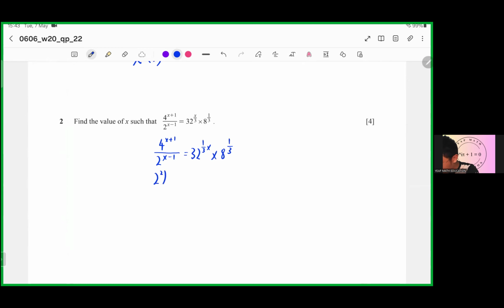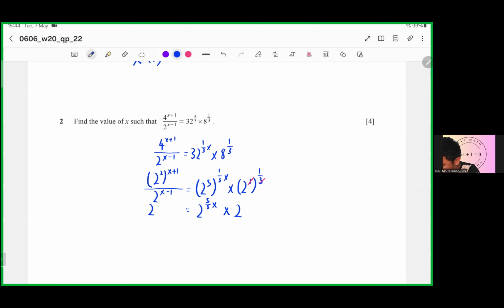Now we simplify, and we get 2^(5/(3x)), and then this multiplies by 2.